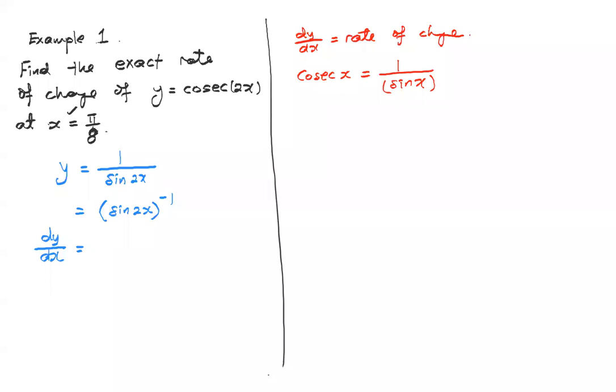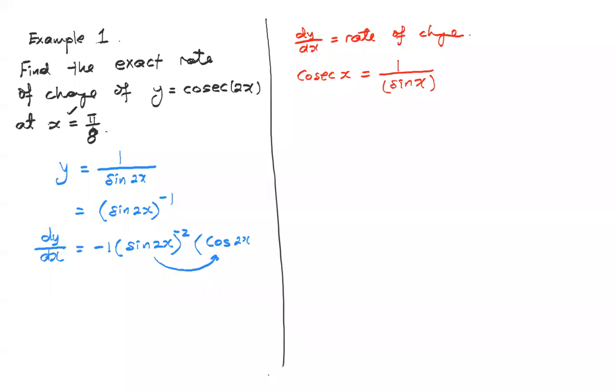Now you know why I don't want to mix trigo with others, because trigo is very tricky, okay? So you have to know all stuff. Bring down the power, copy down the whole thing, sin 2x, power -2. Then times by the derivative of whatever in the bracket, that is cos 2x.